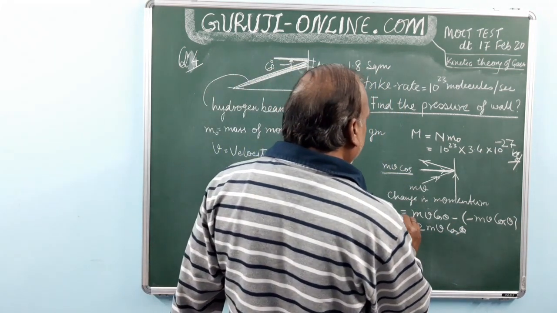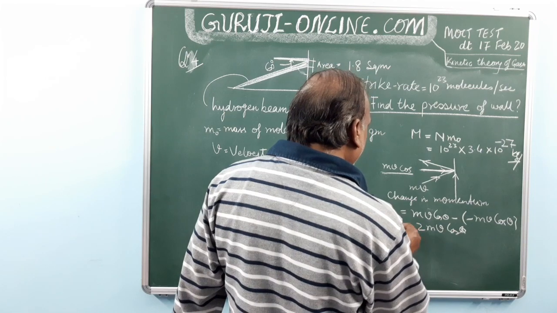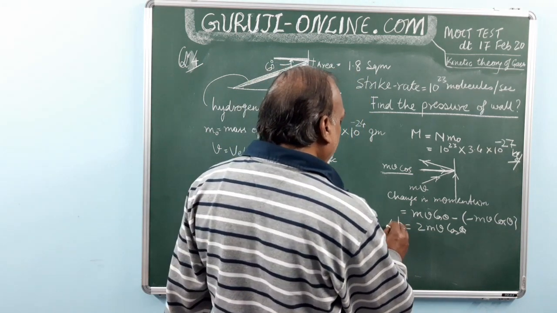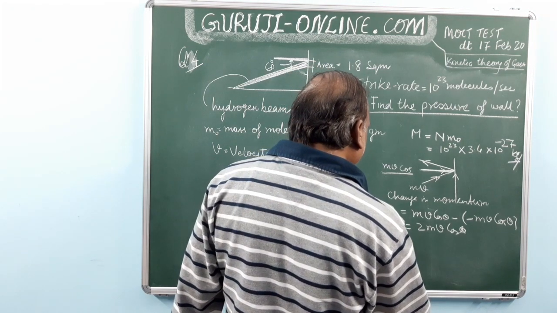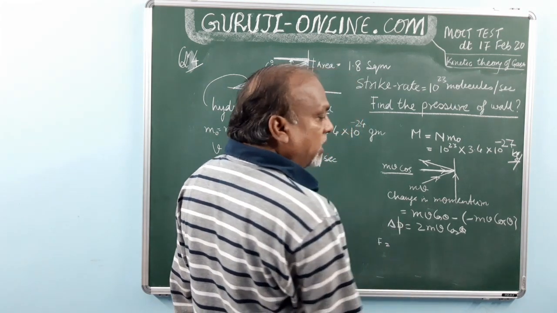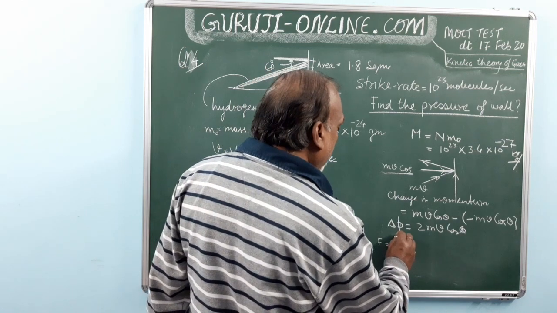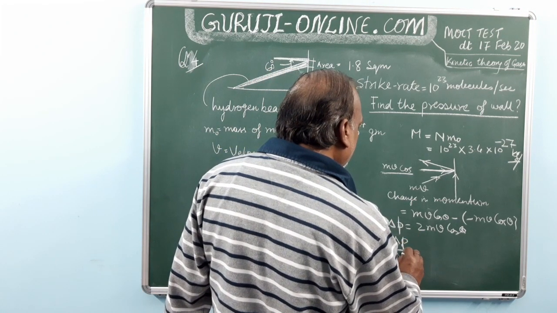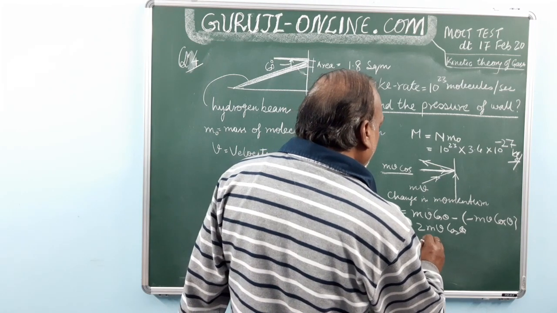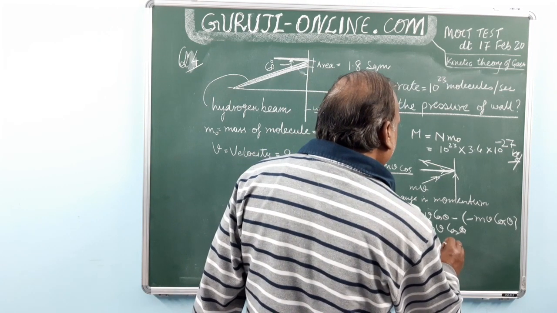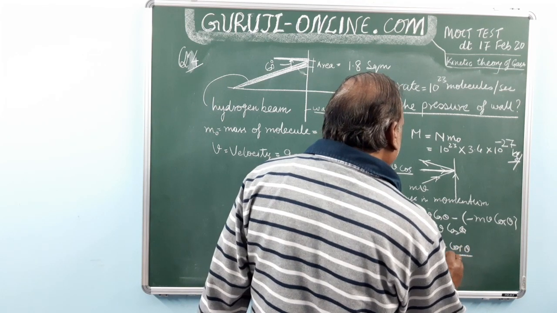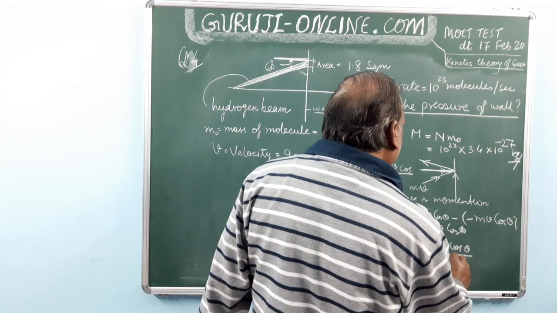This is your change in momentum, divided by delta T. Now what is F? That is the rate of change of momentum, which is nothing but 2mv cos theta upon delta T.